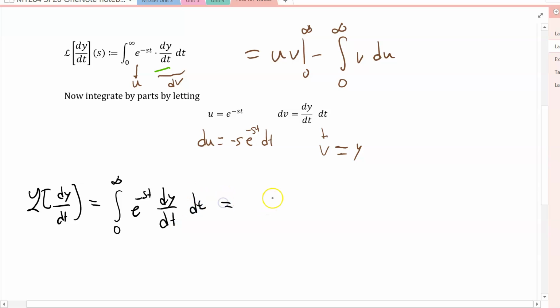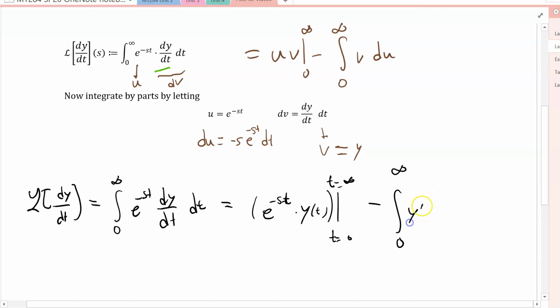Now using integration by parts, it's going to be u times v, so that's e to the negative st times y of t. Keep in mind that we've got to evaluate this from t equals 0 to infinity. That's a limiting process. Minus the integral from 0 to infinity, and then it's going to be v du. Well, v for us is y of t, or just y, and du is negative s times e to the negative st dt.